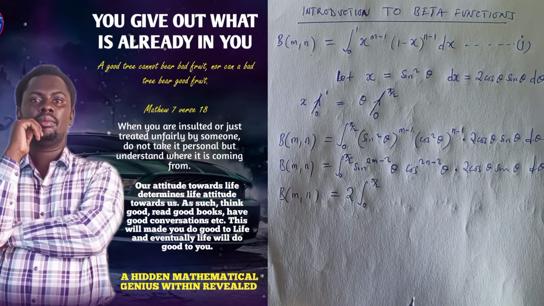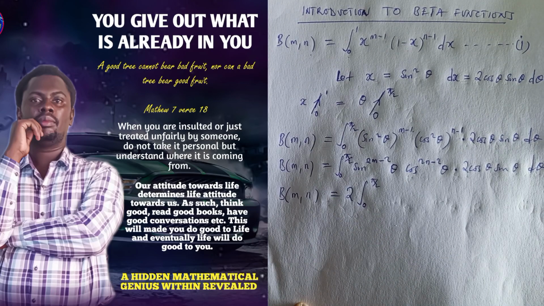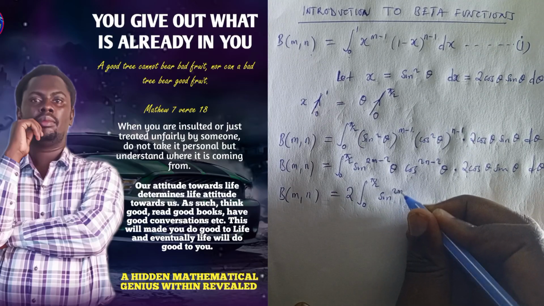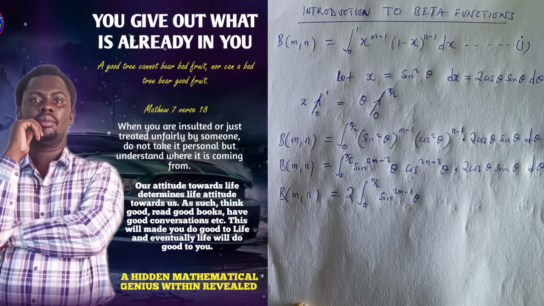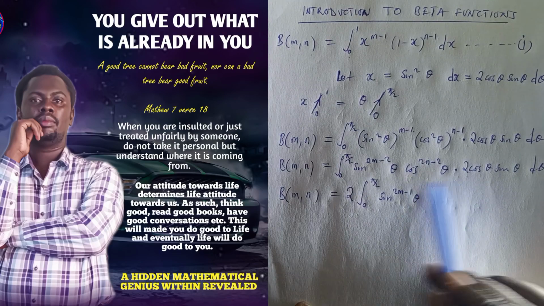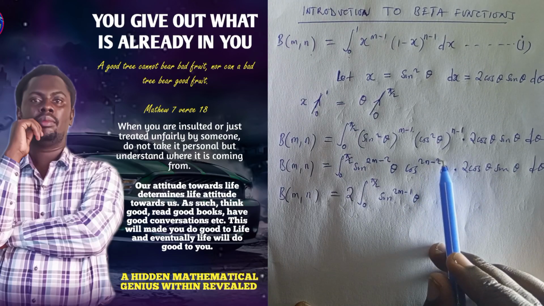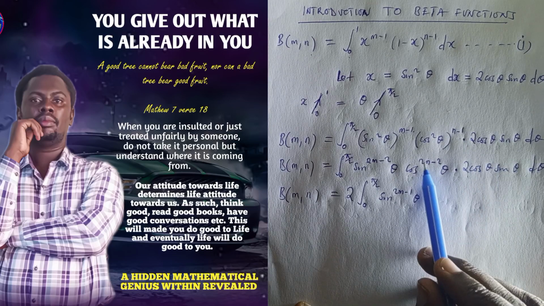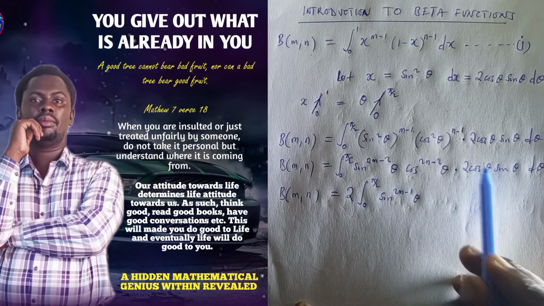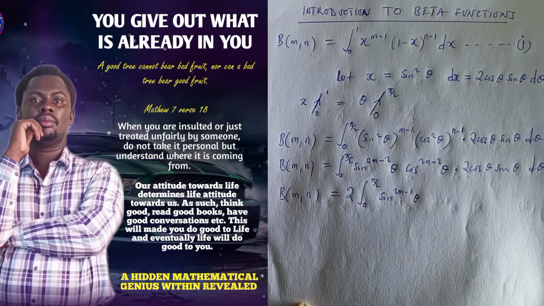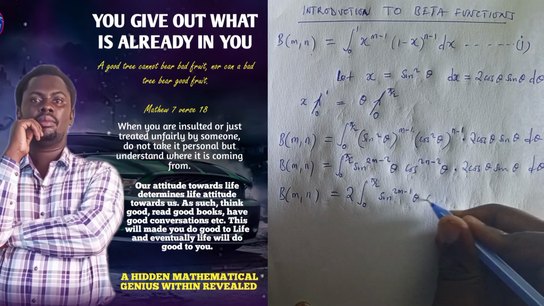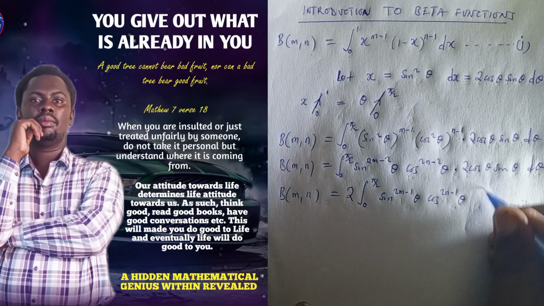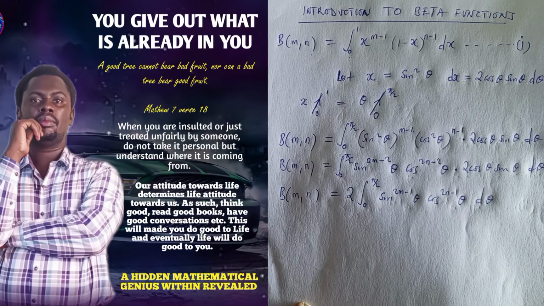You get 2m minus 1. So we are going to have sine to the power 2m minus 1 of theta. Again, here cos theta to the power 2n minus 2 multiplied by this cos theta, so the power here is 1. So it will be 2n minus 2 plus 1. Again, you get 2n minus 1. So it will be cos to the power 2n minus 1 of theta, then d theta.